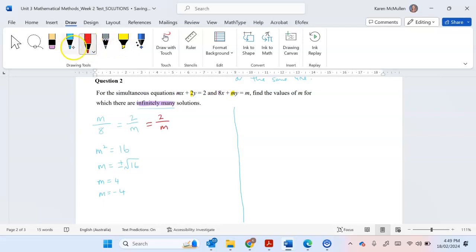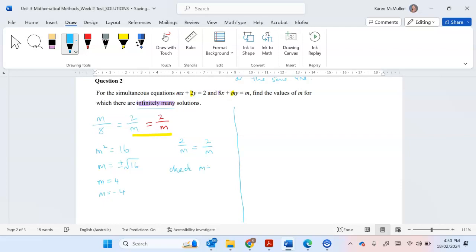So now we did the other part first of all, and now we're going to do this. So 2 over m equals 2 over m. Now they're actually the same here. So whether I put in m equals 4 or m equals -4, I'm going to get infinitely many solutions. So I would usually do a check.